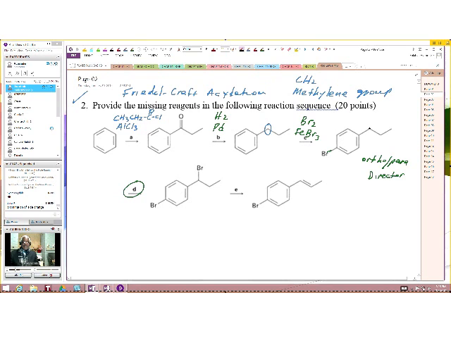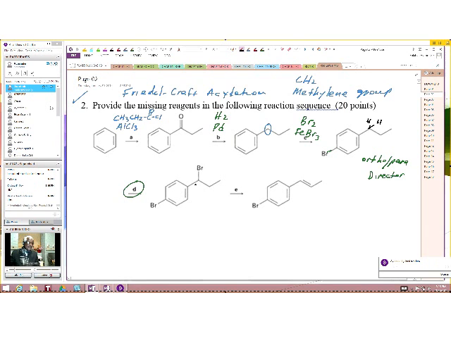We are replacing one of the benzylic hydrogens, attached to the benzylic carbon, with a bromine atom. So this is a form of bromination also. So what reagent do we need to do that? Excellent. Victoria, thank you.